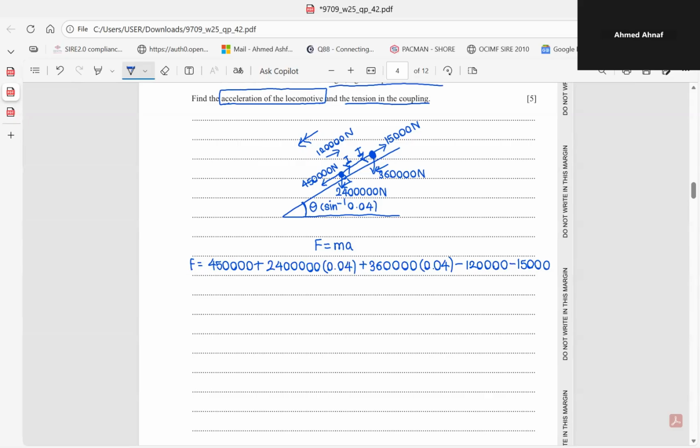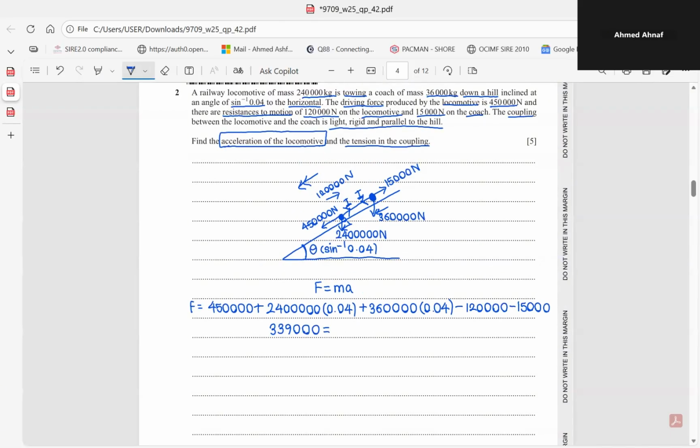So yeah, type all this into your calculator. You would get 339,000 newtons as the force. And the mass, since we're taking the entire system as a whole, would be the locomotive's mass as well as the coach.